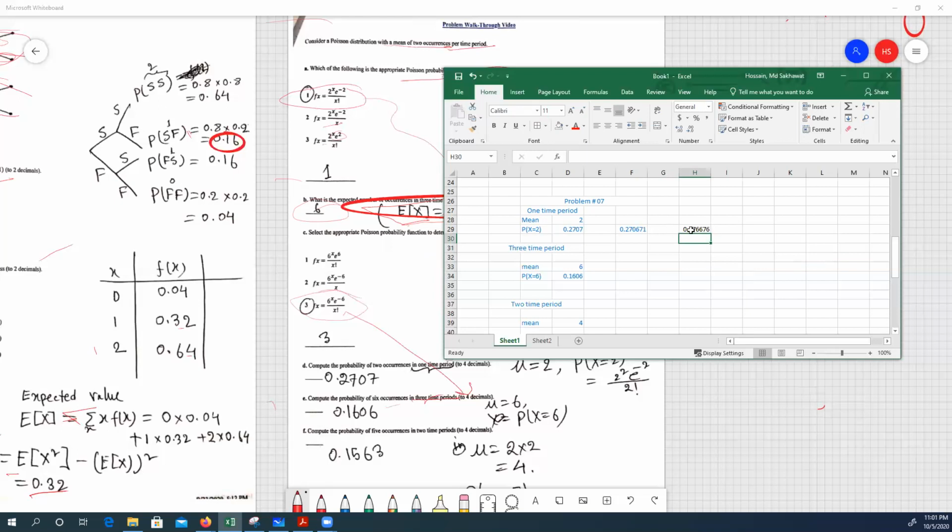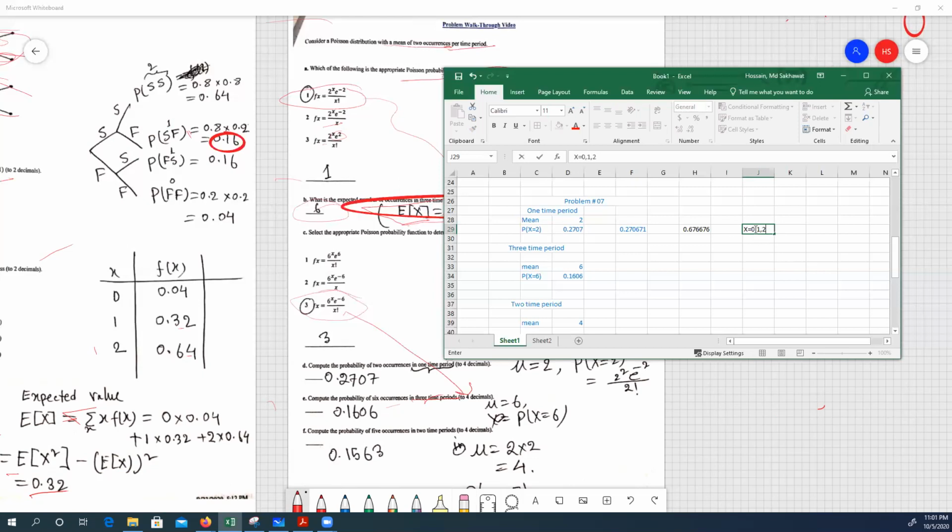Why is this probability different from this one? The reason is, if you use 1 for cumulative, you are taking the cumulative probability. The lowest value for x is 0. So actually you are finding the probability of x starting from 0 up to 2, so x equals 0, 1, 2.